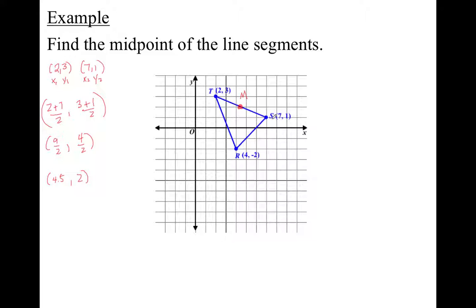Well, what about the midpoint between S and R? Well, S is 7, 1. R is 4, 2, -2. So when I actually go through, and I want to make sure we see that right here, okay, we label x1, y1, we label x2, y2.